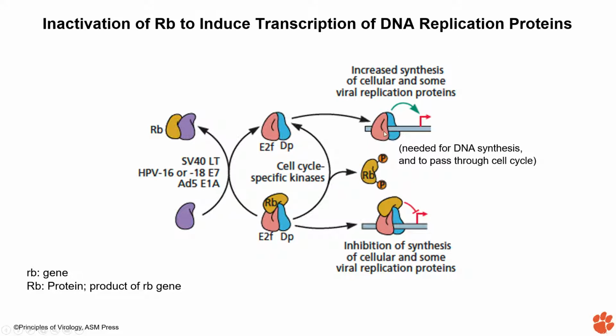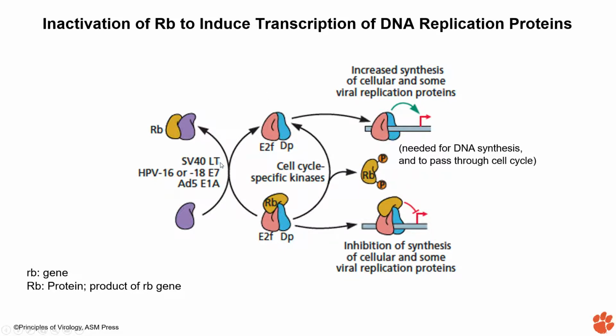This E2F and DP bind to specific regions of the transcriptional control region. When RB is bound to that, it basically recruits the HDACs, or the histone deacetylases, and the DNA is tightly wrapped around. It's not going to do any transcription.